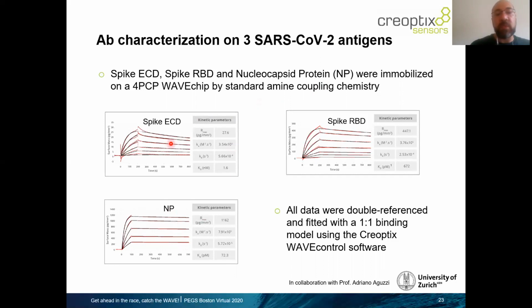We started just to validate the system by using a commercial antibody for each of the spike and the nucleocapsid, diluted in 5% plasma, because in further studies we would like to use clinical samples, which is human plasma. We could derive very nice kinetics using these spiked commercial antibodies in plasma.